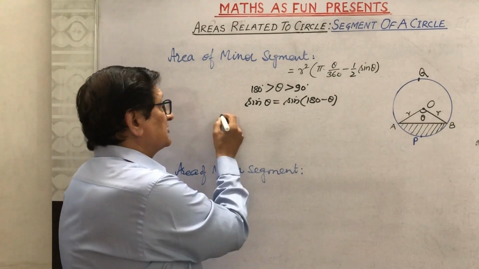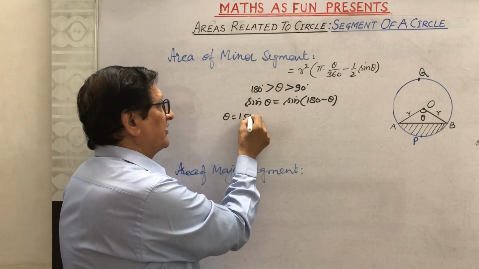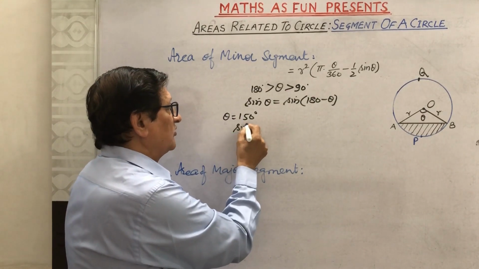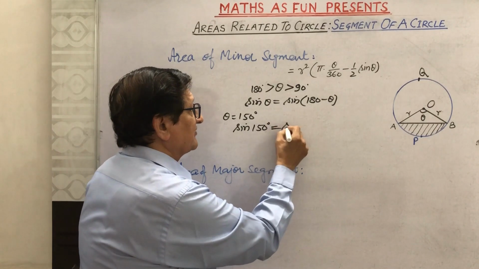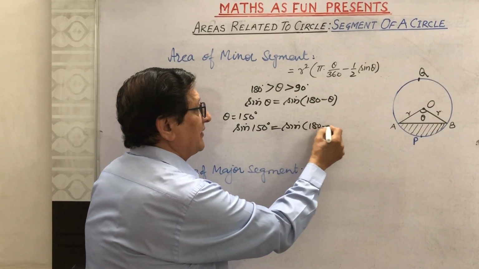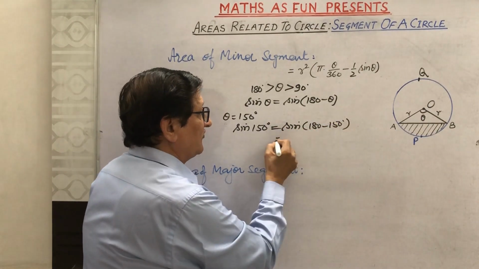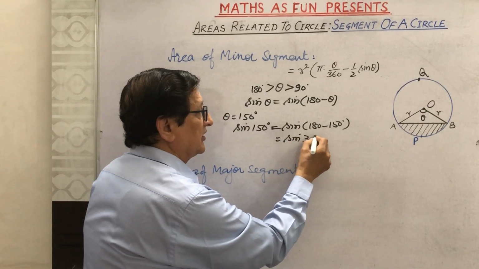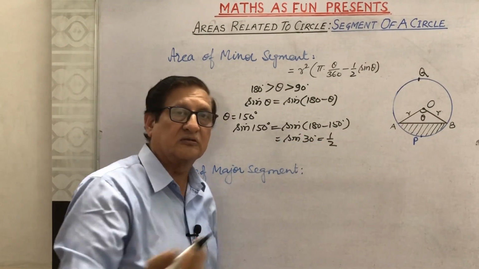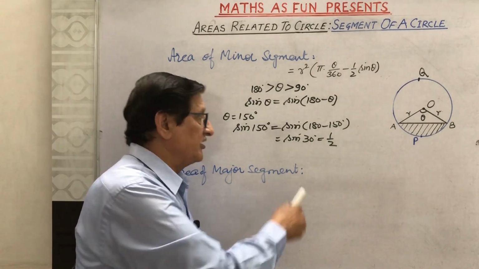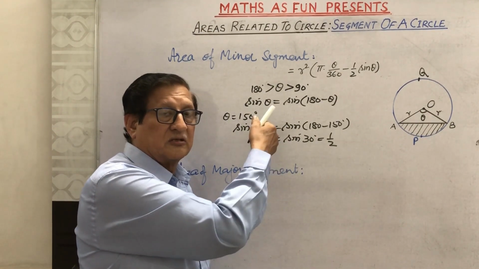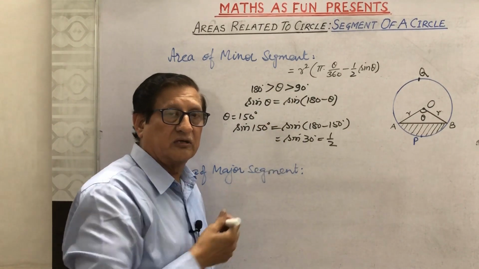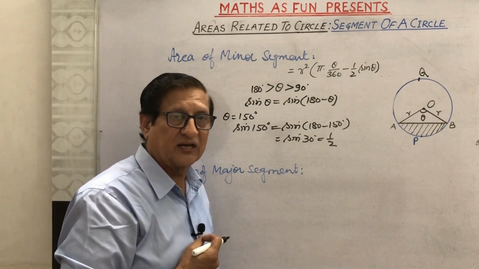For example, suppose we have theta is 150 degree and we want to find the value of sine 150 degree. This will be same as the value of sine of 180 minus 150, or we can say sine of 30 degree, and we know the value of sine 30 is 1 by 2. And likewise you can find out the values of sine theta if theta is between 90 and 180 degree, or it is an obtuse angle.